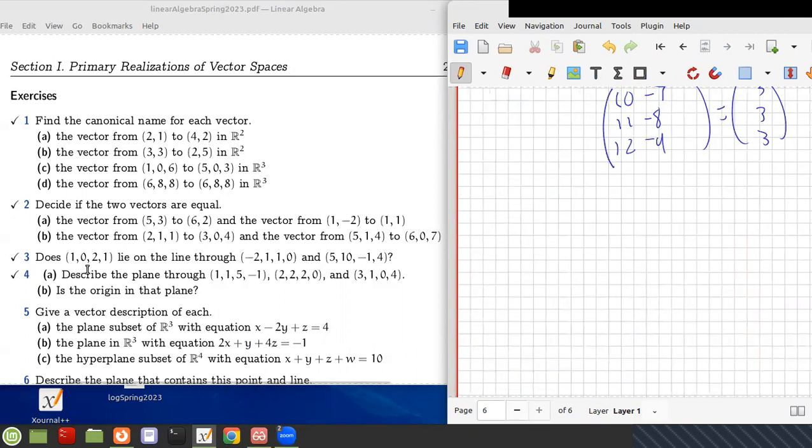Does the point (1, 0, 2, 1) lie on the line through these two points? Well, this is actually the same question as, is this vector a solution of this linear system?